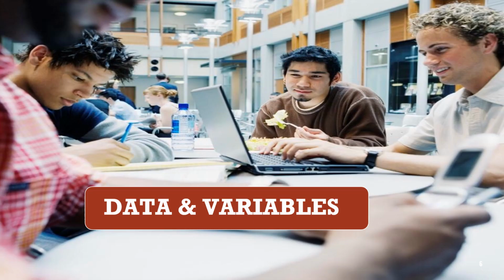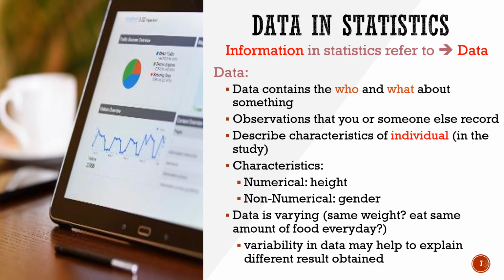The next part is about data and variables. What is data? Data in statistics is called information. This information contains who and what about something. In statistics, instead of calling it data, we can also call it observation.